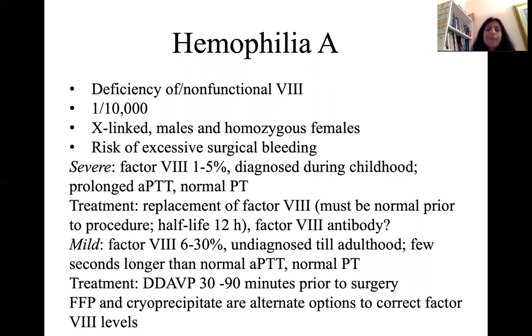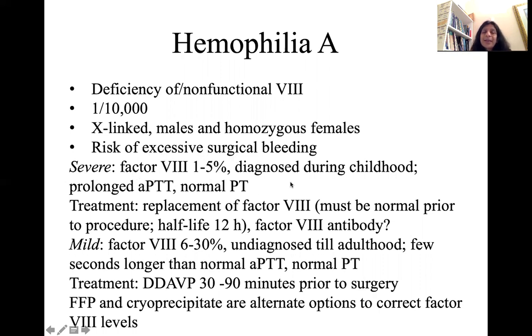There are different forms: the severe form, then the modest form, and then the mild form. What I have done here is to combine the severe and the modest form. Severe is less than 1%, modest is 1 to 5%.